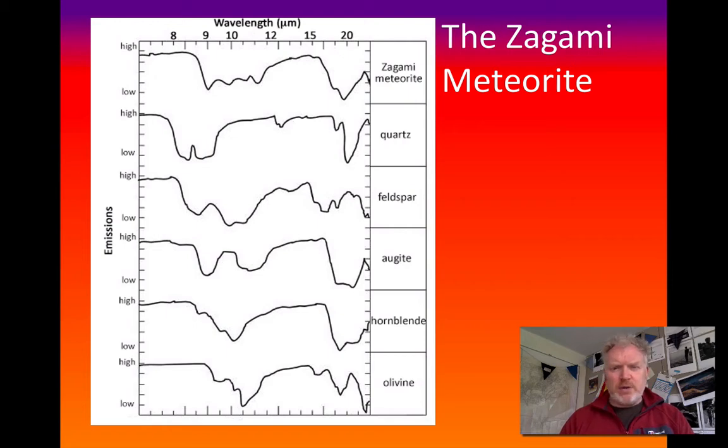We're going to look at exactly what these minerals are in more detail in Theme 3. But what I want you to do is compare the high points and the low points from the Zagami meteorite and see if you can work out which minerals we might find within it. Press pause now and have a go at the questions on page 18.